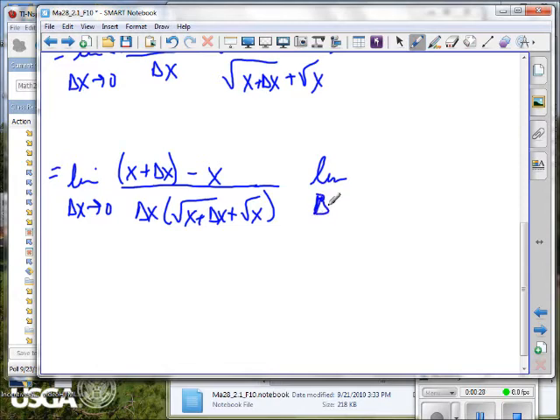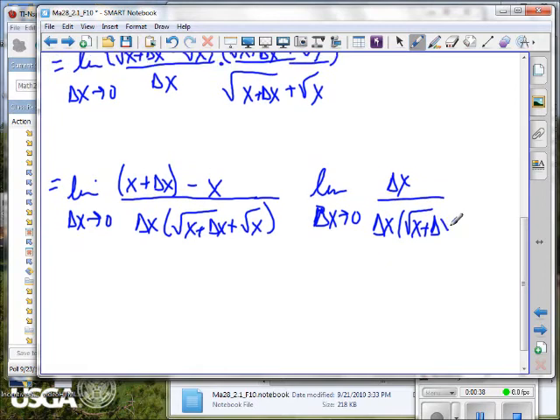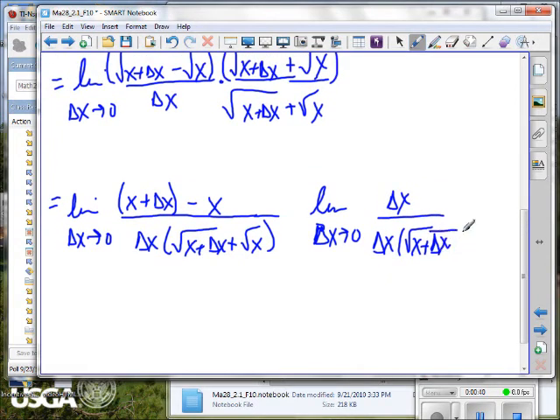Make sure I get my hand off of that. Where am I at? Okay, there I am. What's wrong with that line? Yeah, subtract x out of the top cell.